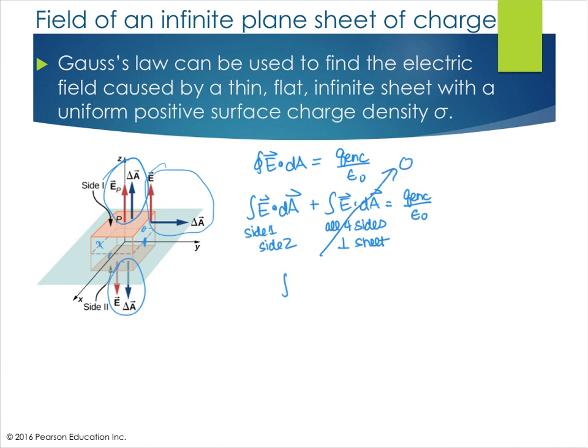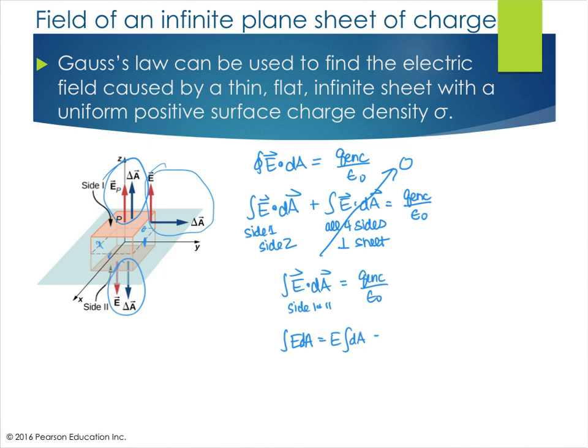So I'm left with E dot dA for side 1 and 2 equals Q enclosed over epsilon naught. This turns into E times A, and E can come out front, times dA.